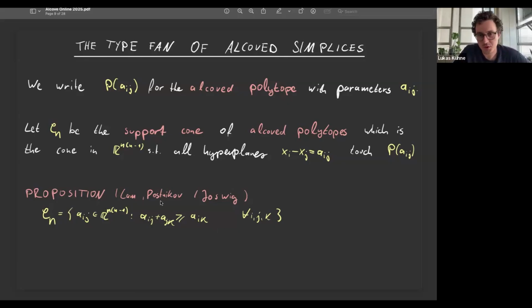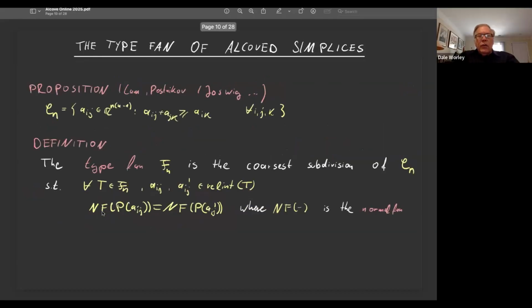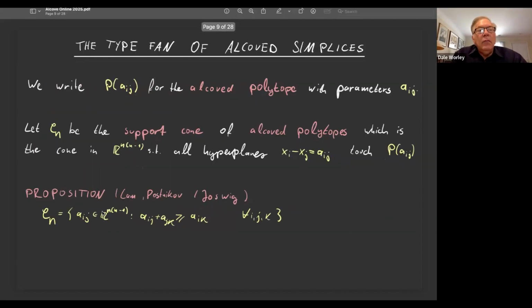This is the usual triangle inequality, and the result says that those parameters which satisfy the triangle inequality are exactly those which minimally define alcoved polytopes, so they are in the support cone. These are linear inequalities, so it defines a cone in R^(n(n-1)).